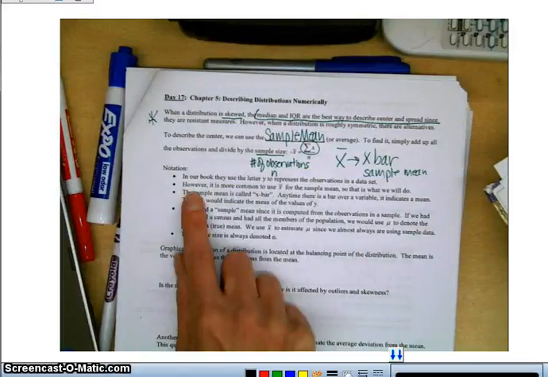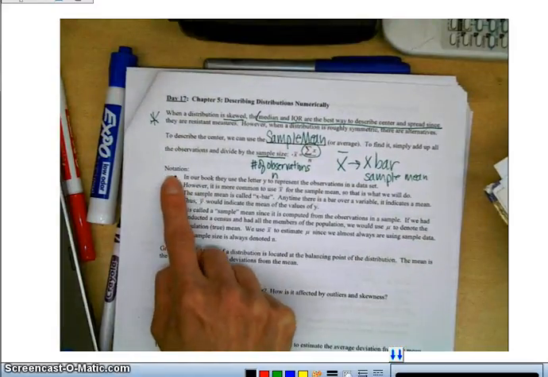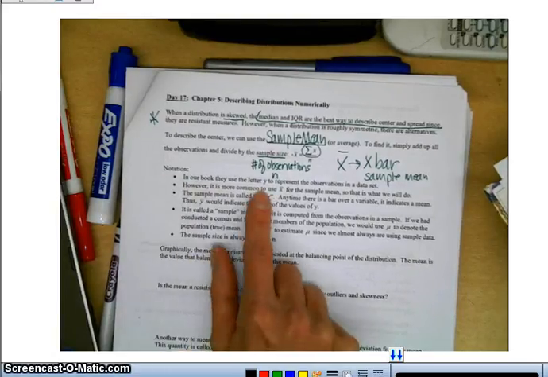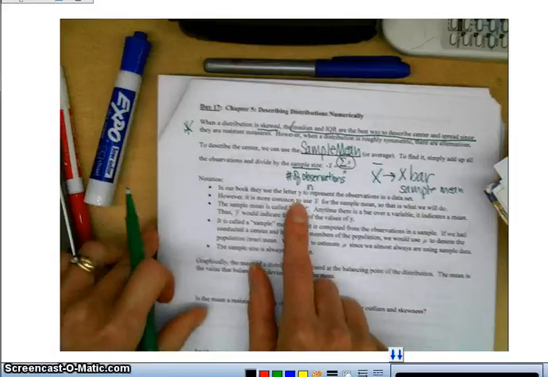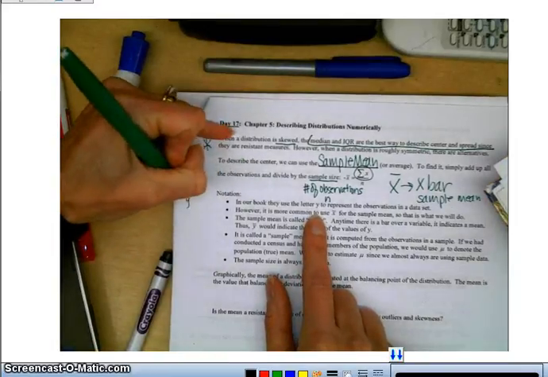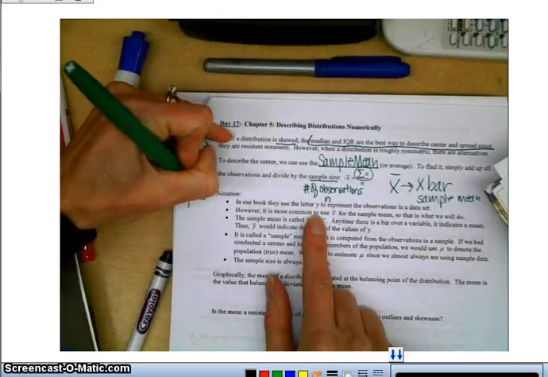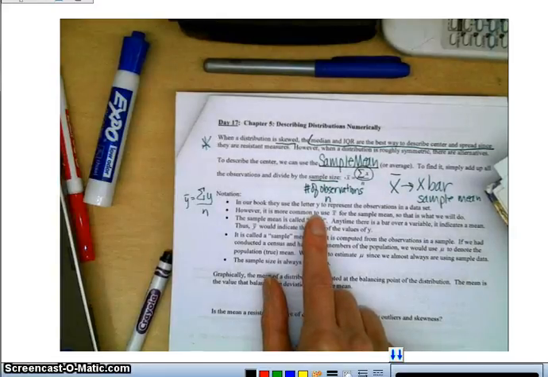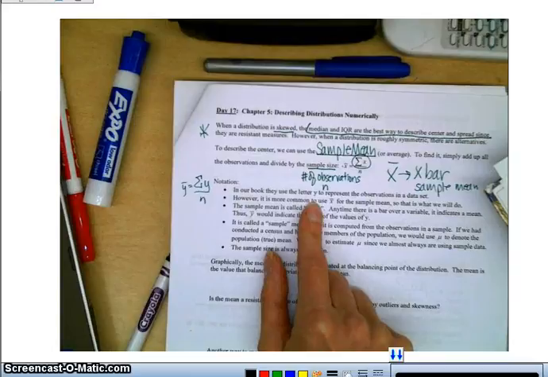All right, so now notation. Notation means the way we write something. In our book, they use y bar or y to represent the observations. So the formula for sample mean in your book will look like y bar equals the sum of all the y's divided by n. We aren't going to use that.